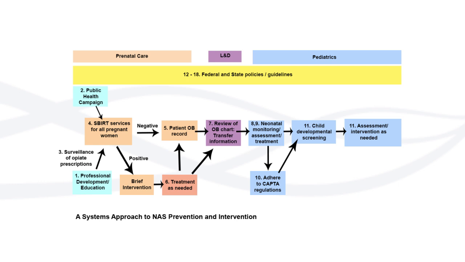But there is no HIPAA regulation that states that pediatric care providers cannot have access to obstetric information. For the newborn, all newborns should be assessed for neonatal abstinence syndrome if there is evidence their mothers used opiates prenatally.